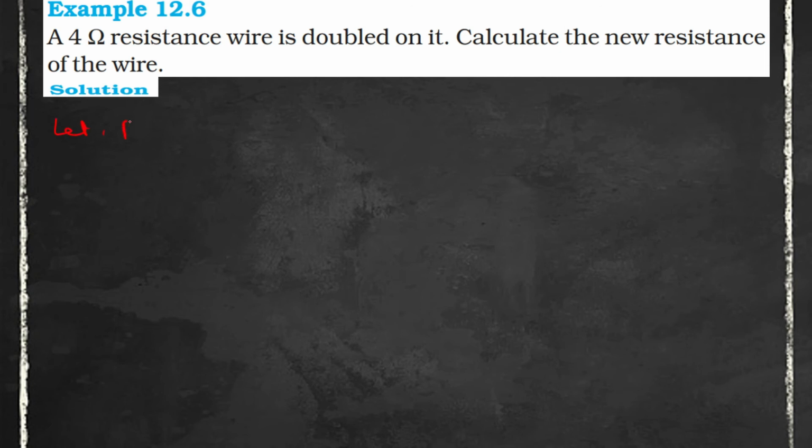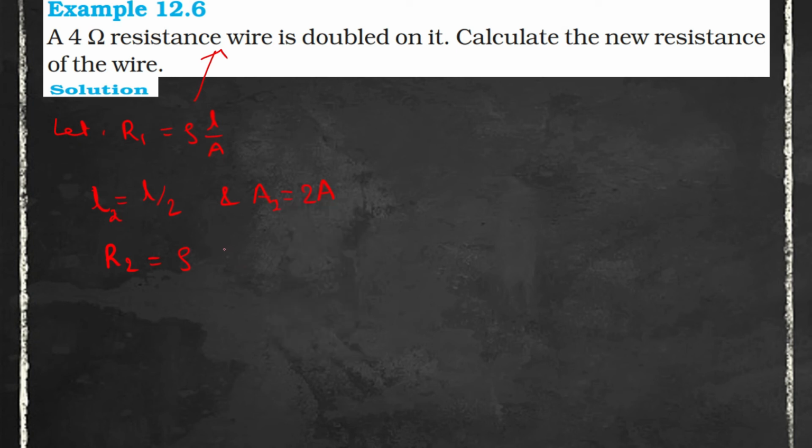Let R1 be for the original wire, for which length is L and area is A. For the new wire, length L will become L by 2 and area A will become 2A. Now what will be the R2 for it? So R2 will be, rho will be same, resistivity will be same for both, it is not going to change. So L2 will be L by 2, A2 will be 2A.